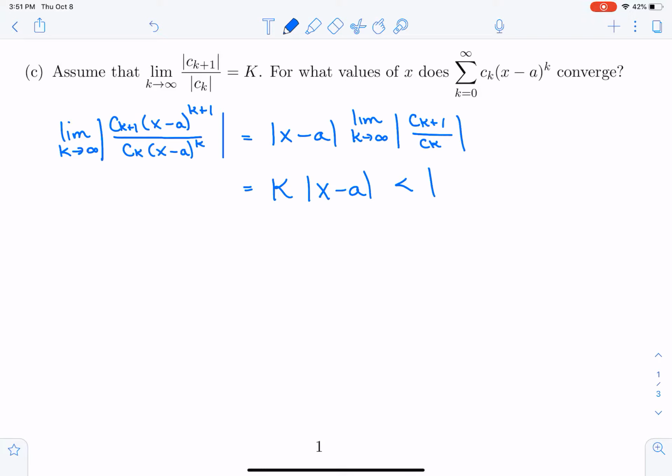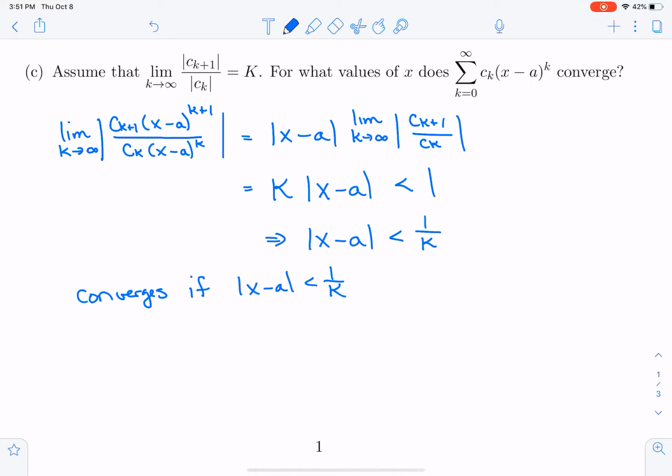So we can say that this converges if x minus a in absolute value is less than 1 over K. So by the ratio test, this converges if the absolute value of x minus a is less than 1 over K, and then it diverges if it is greater than 1 over K.